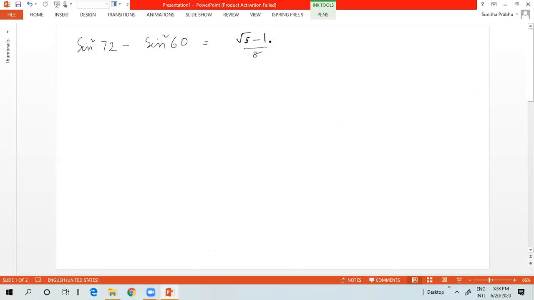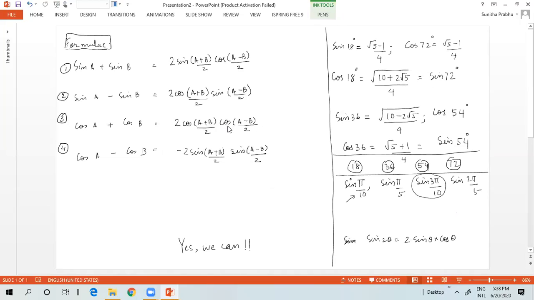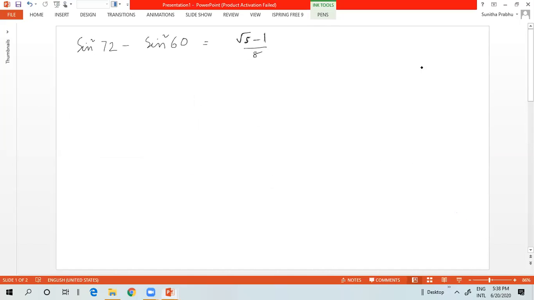Sine square 72 minus sine square 60 will be the formula with 2 cos of a plus b by 2 and sine of a plus b by 2. Now, this is a trick question. See, sine 72 we already have a value, right? So sine 60 also we know. For this, there is no need for us to over-engineer stuff, right?